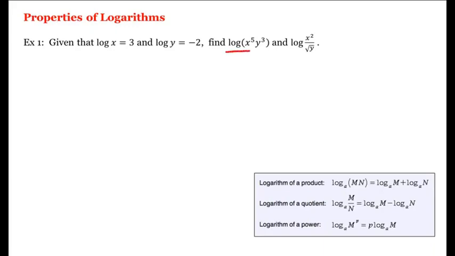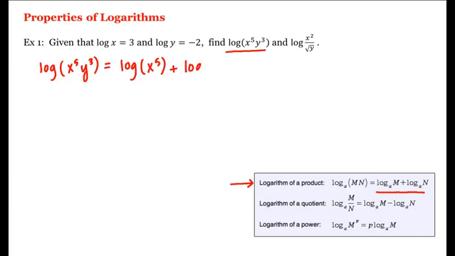So let's begin with the log of x to the 5th y cubed. By this property down here, the logarithm of a product is the sum of the logs. In other words, this is equal to log of x to the 5th plus log of y cubed.